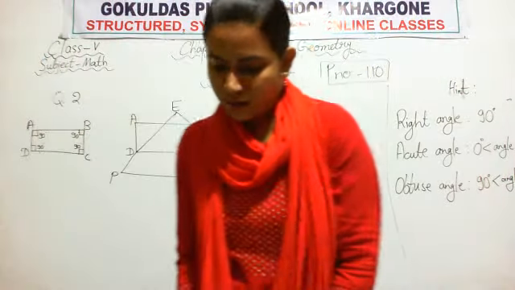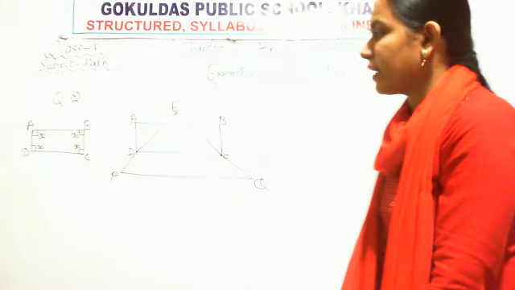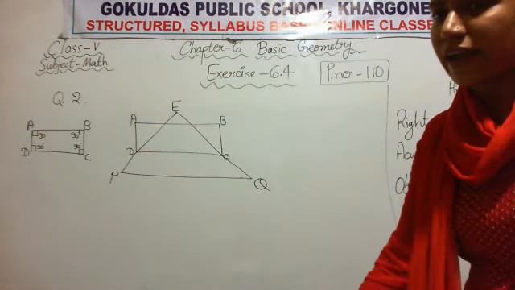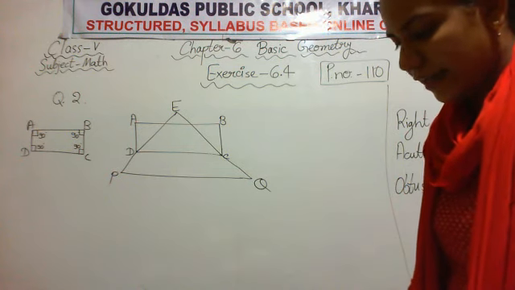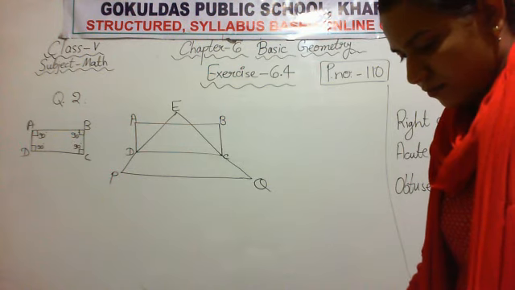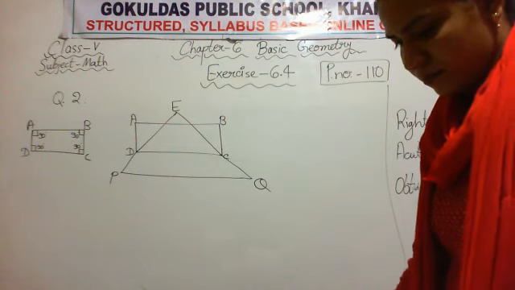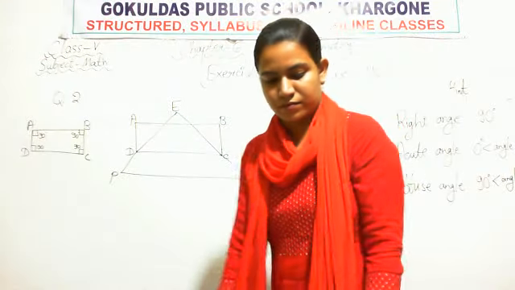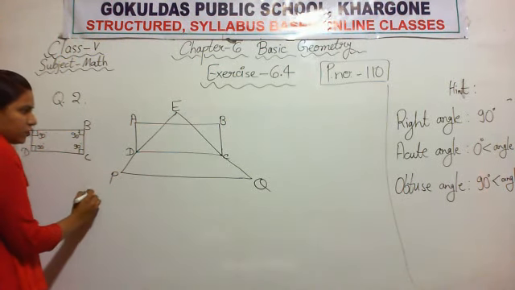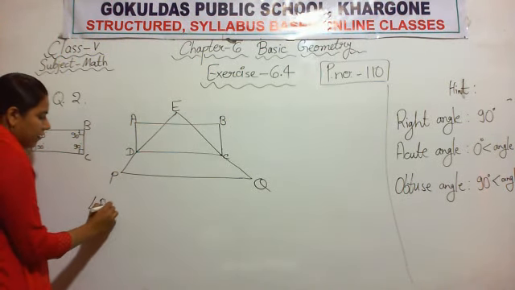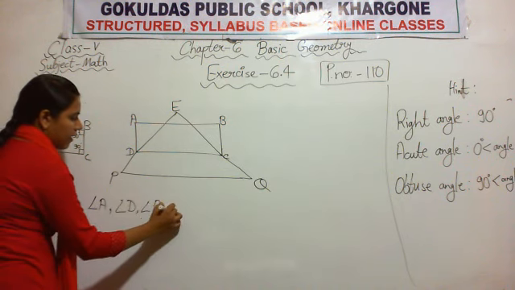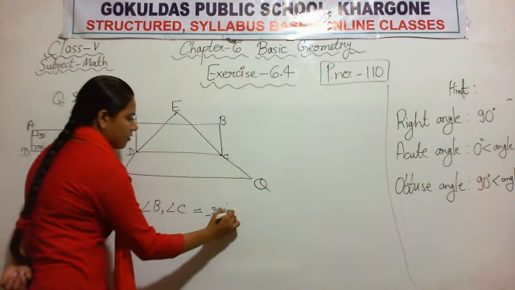So now tell me, angle A, angle B, angle D and angle C, all four are of 90 degrees, means they are right angles.